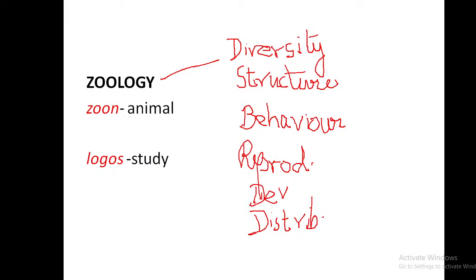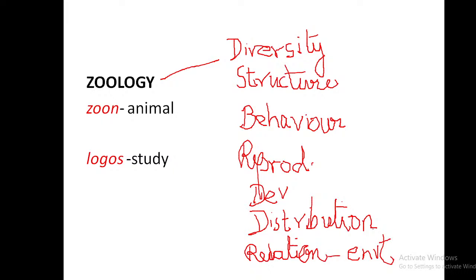Distribution means the animals are distributed in different parts of the world, in different places, in water, in air. And their interrelationship with the environment, that is ecology and environmental science. All these factors encompass what zoology is.